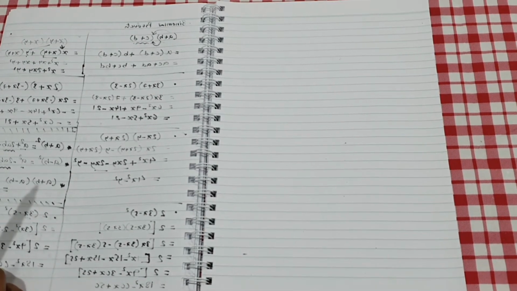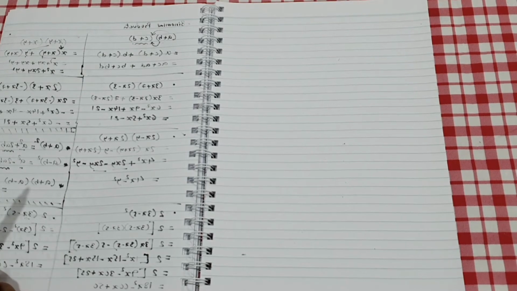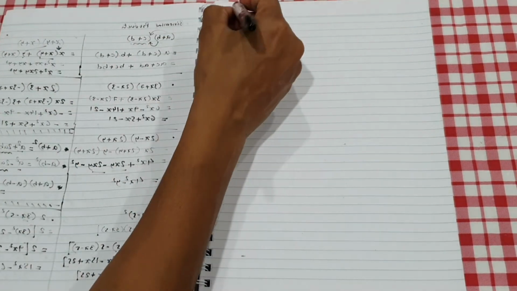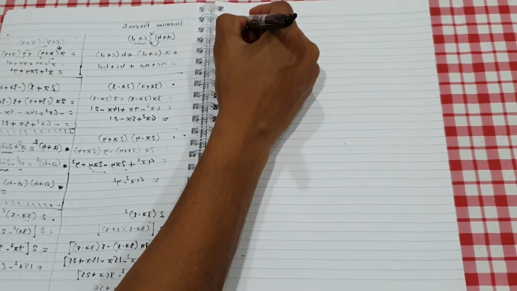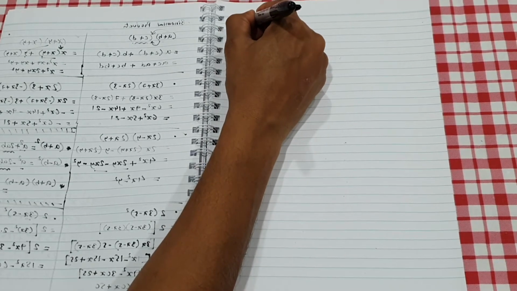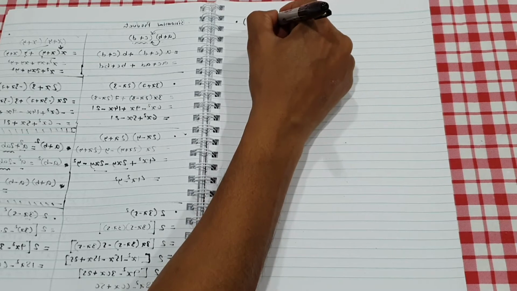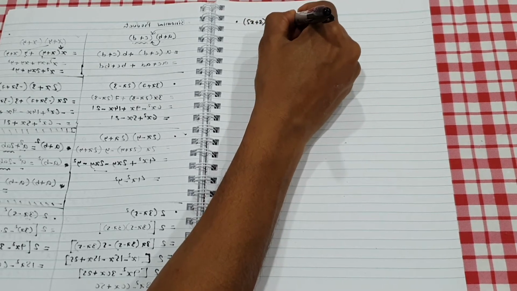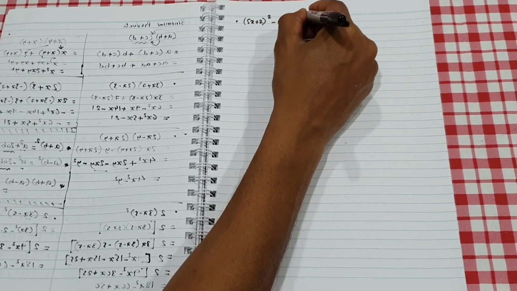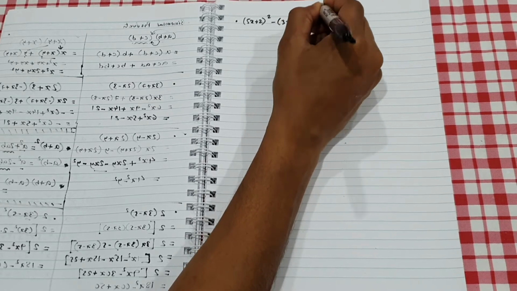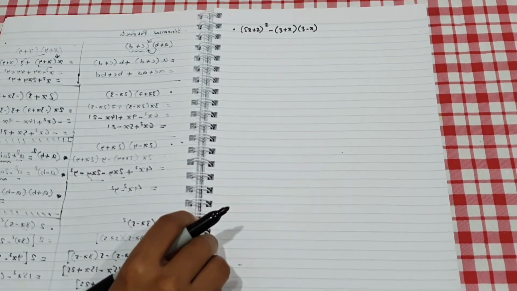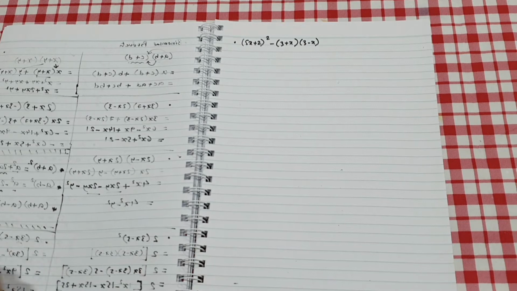Let's take some more examples, and then we will learn how to do this simply. (5x plus 2) squared minus (3 plus x) times (3 minus x). This is an interesting question because we will have to use multiple formulas to solve this.